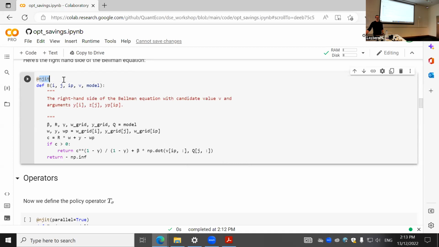Now, this little NJ here, does anyone know what that's doing? Yeah, that's right. This is telling Python that I want this guy to be just-in-time compiled. So I'm just-in-time compiling it with a library called Numba. And that essentially means that this function, when it gets executed the first time, the instructions inside the function are going to be compiled down to machine code as a whole.